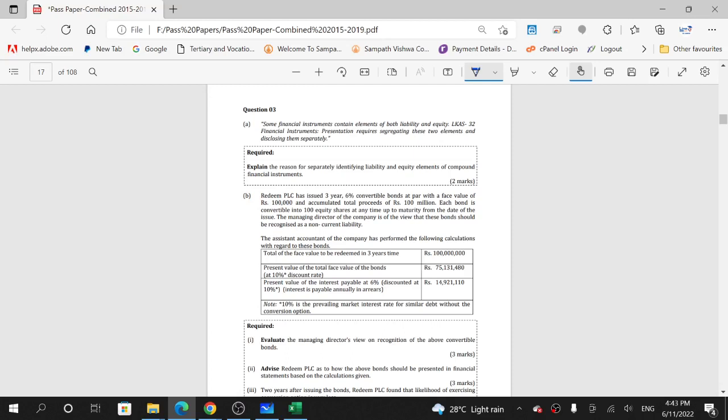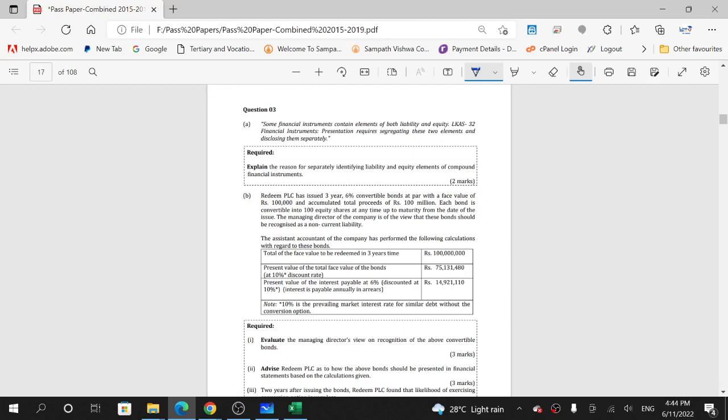The reason is, when there is a compound financial instrument, it's talking about compound financial instruments, which we have discussed. Normally a compound financial instrument has these two things.